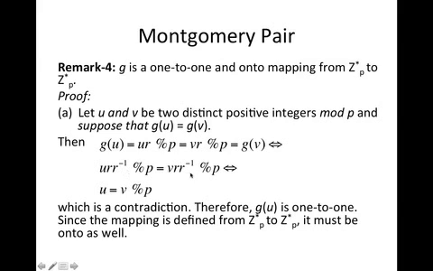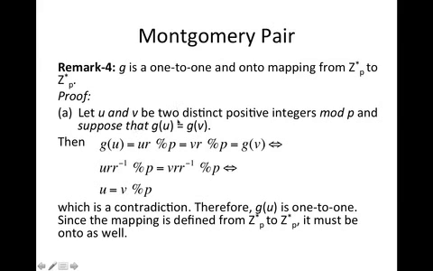So put the r inverse on both sides, and they cancel out, and then I have u equal to v mod p. I began with two distinct positive integers, and I said, let's say they get mapped to the same place as I transform them into their Montgomery pairs. So if their pairs are equal, then they have to be equal themselves.